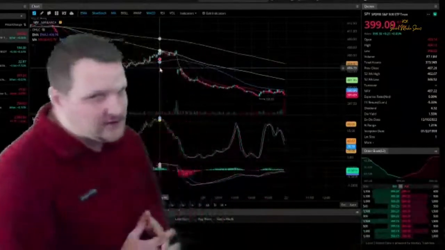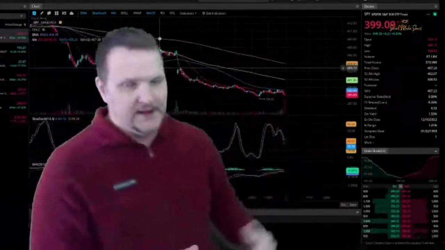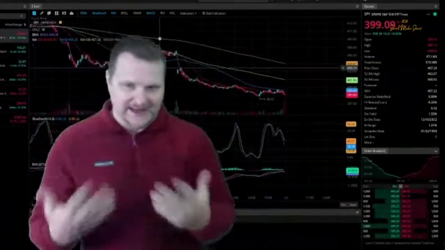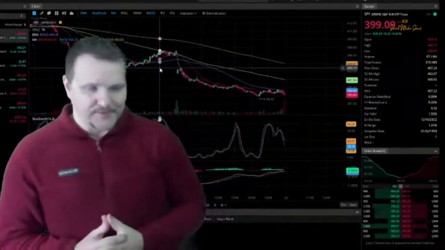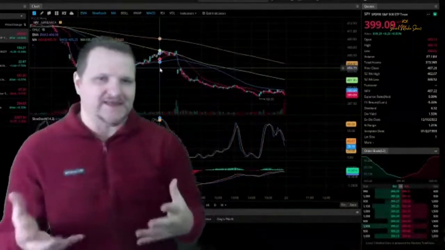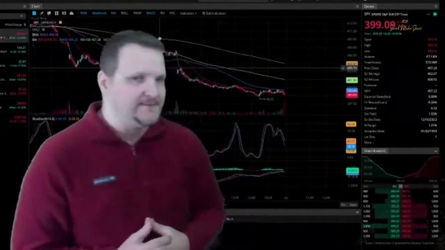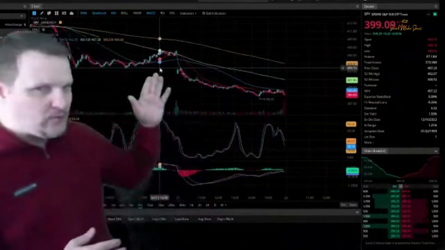And from here, one of the problems with a move like this is typically if you're not already in that move, if you're not already in this trade, then where do you go?